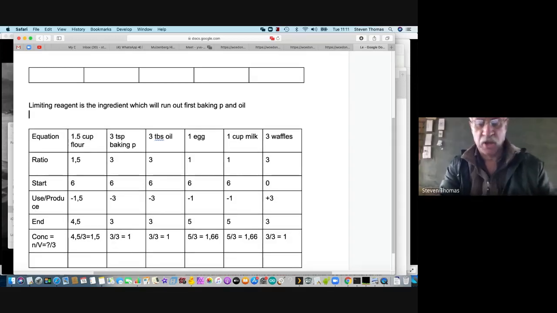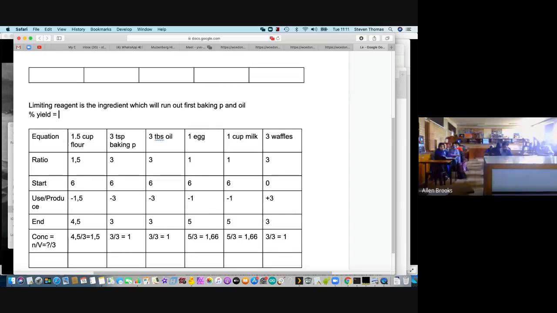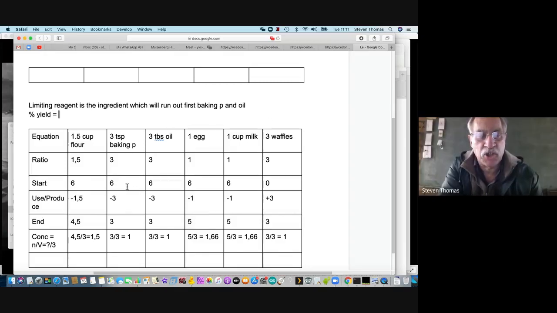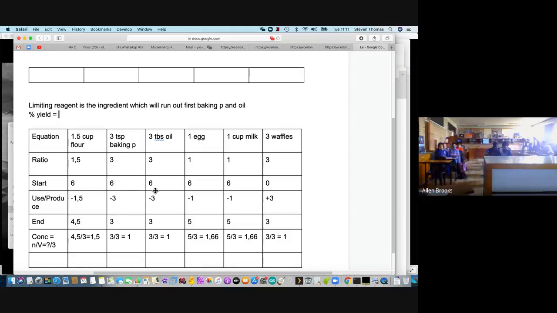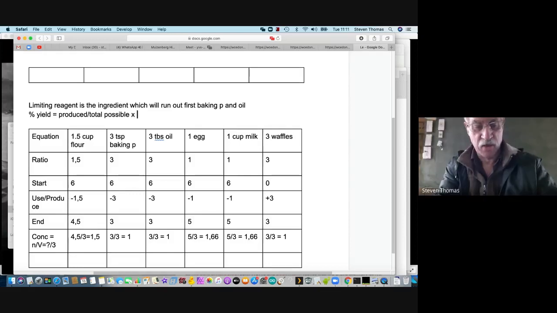Now we come to something called percentage yield. Percentage yield equals how much did I produce out of the total possible, times 100.